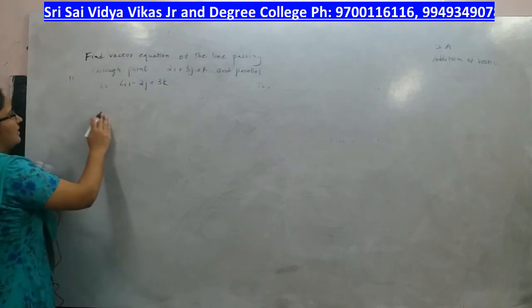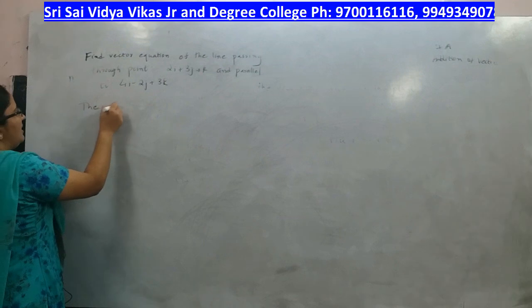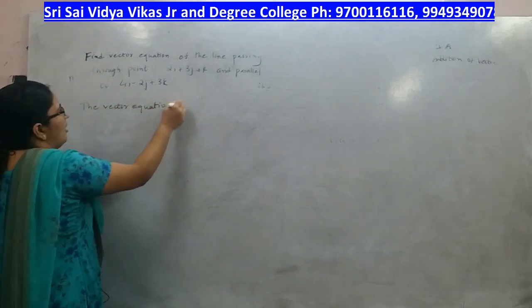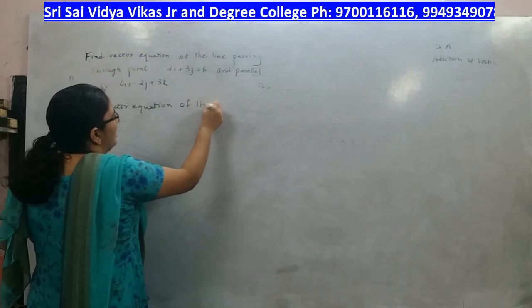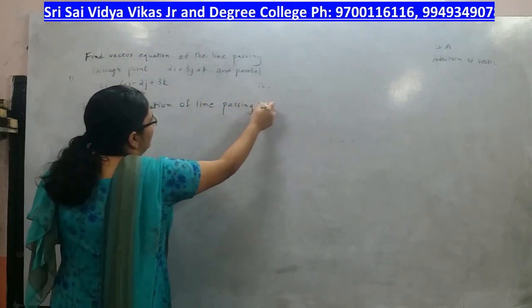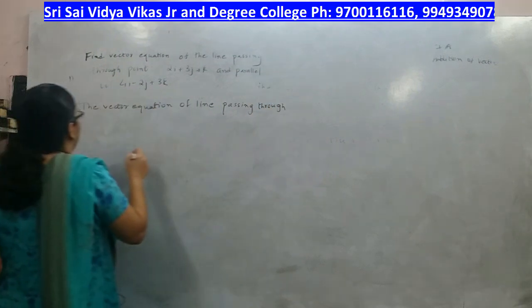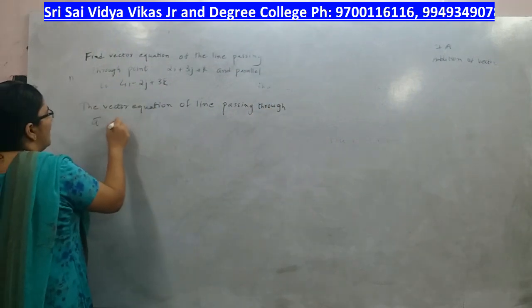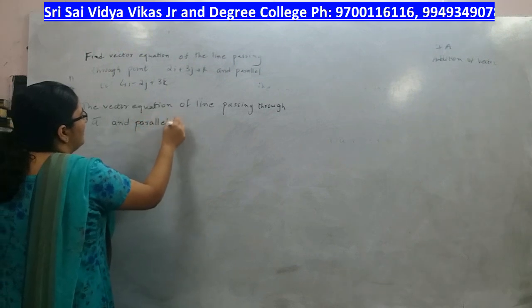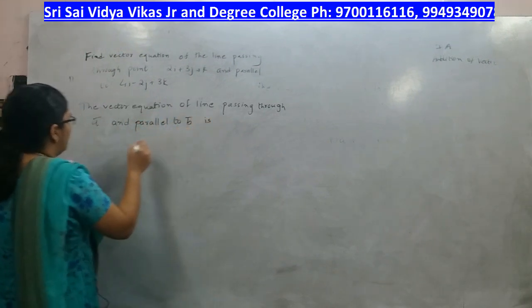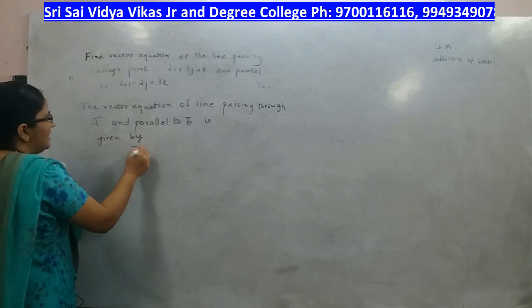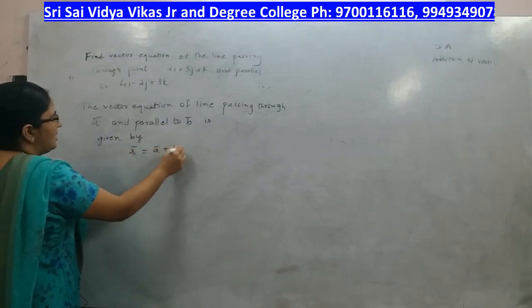Okay, the vector equation of line passing through A bar and parallel to B bar is given by R bar is equal to A bar plus T B bar.